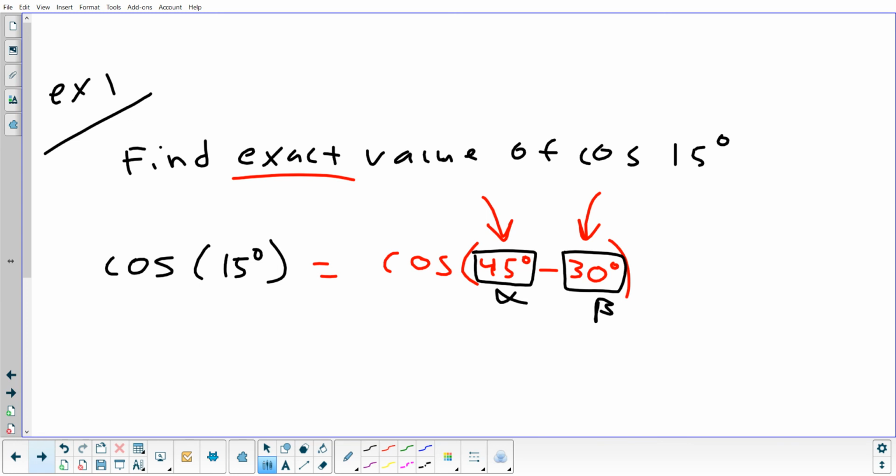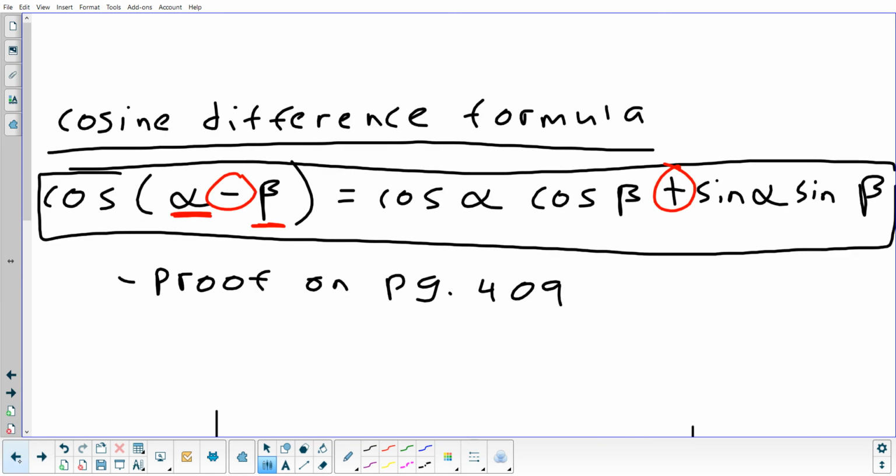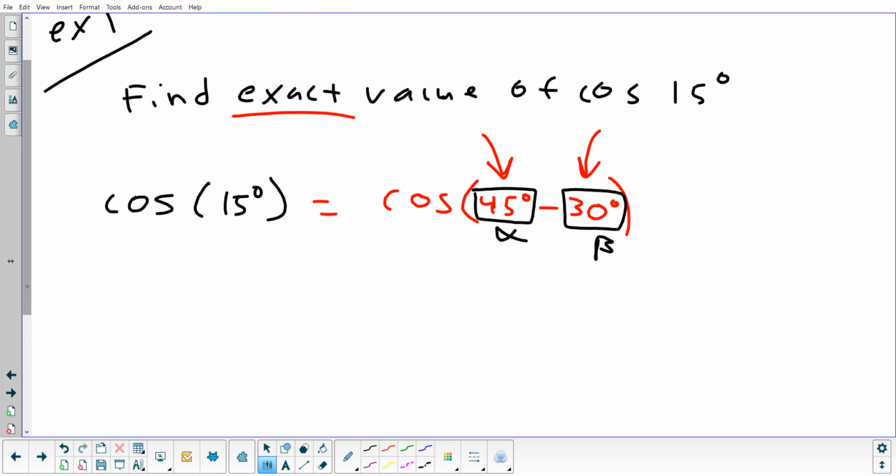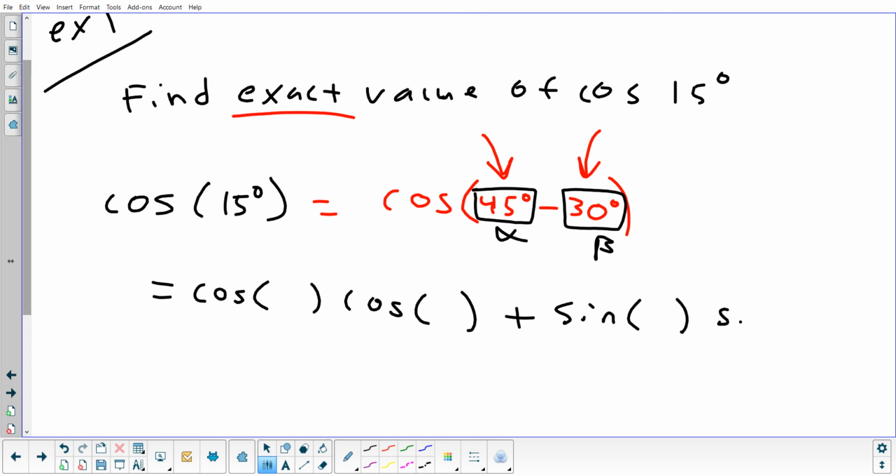So now, take those 2 numbers and fill them in everywhere you see alpha and beta. So it's cosine, cosine, plus sine, sine. So we're going to have cosine, cosine, put the opposite of the minus sign, and then sine, sine.